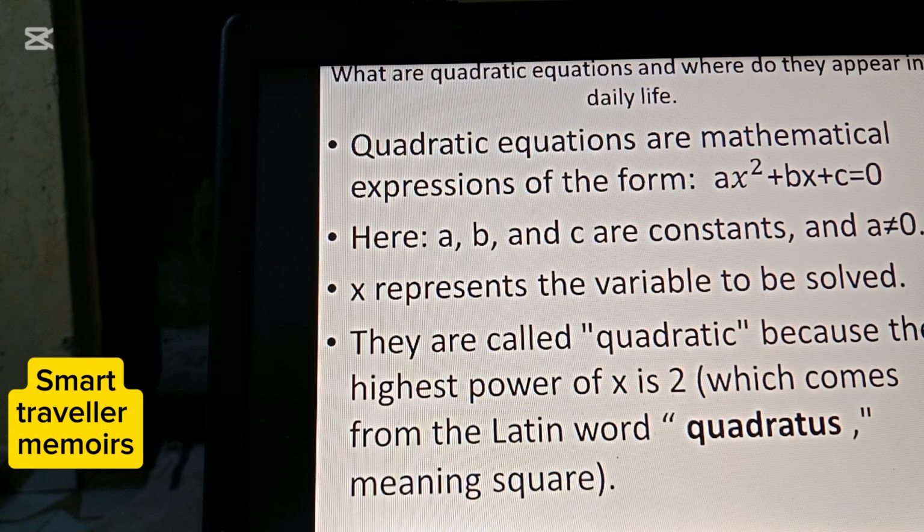Here, a, b, and c are constants, and a will never be equal to 0. x represents the variable to be solved. They are called quadratic because the highest power of x is 2, which comes from the Latin word quadratus, meaning square.